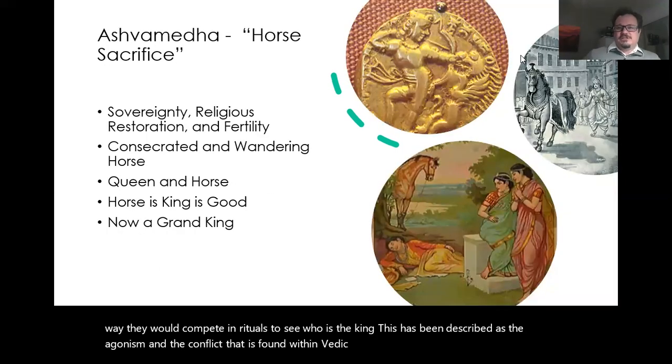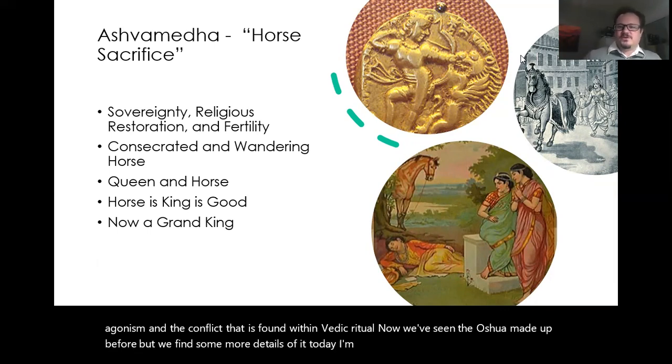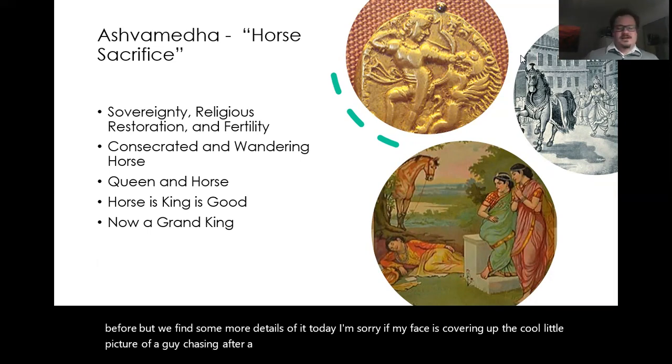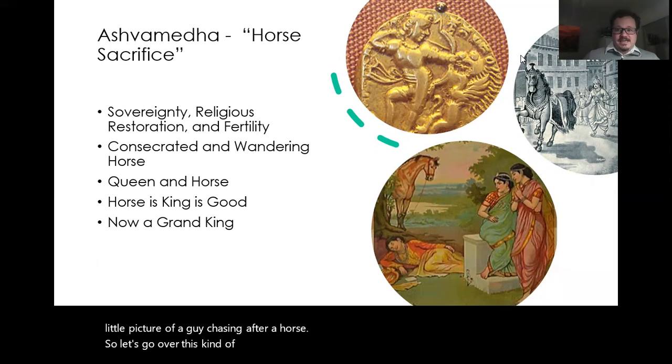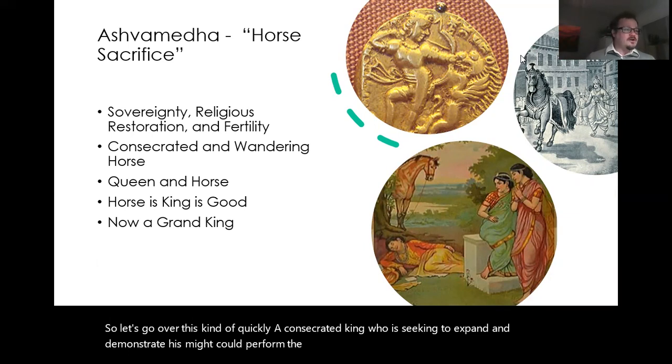Now, we've seen the Ashvamedha before, but we find some more details of it today. I'm sorry if my face is covering up the cool little picture of a guy chasing after a horse. So let's go over this quickly. A consecrated king seeking to expand and demonstrate his might could perform the Ashvamedha, or horse sacrifice.